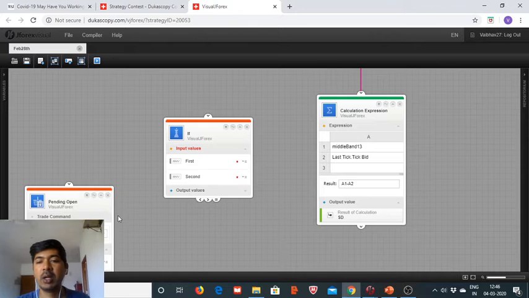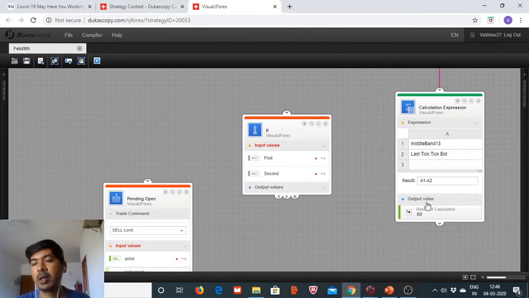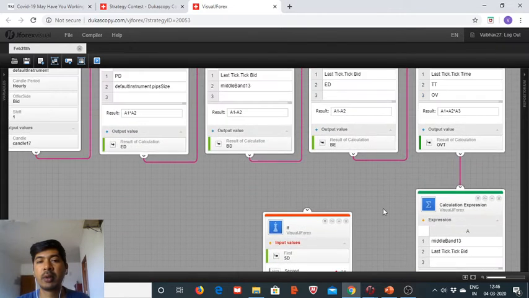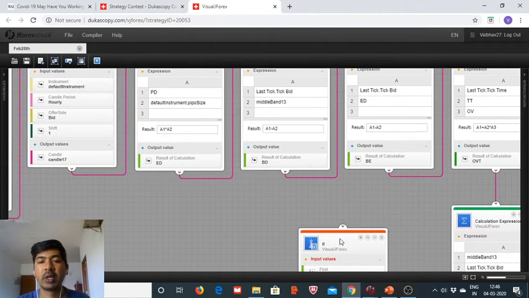and now what we need, we will need the sell difference to be more than the execution difference.